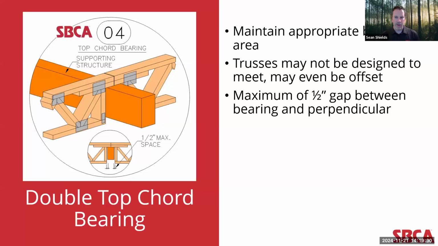Now, sometimes the bearing area may not be large enough, and the truss designer may then design the trusses to be offset, allowing that top chord to extend over the entire surface of the bearing area. Again, there is a maximum of a 1/2 inch gap between the bearing and the first perpendicular web, again as a construction tolerance to leave room for gypsum if needed.